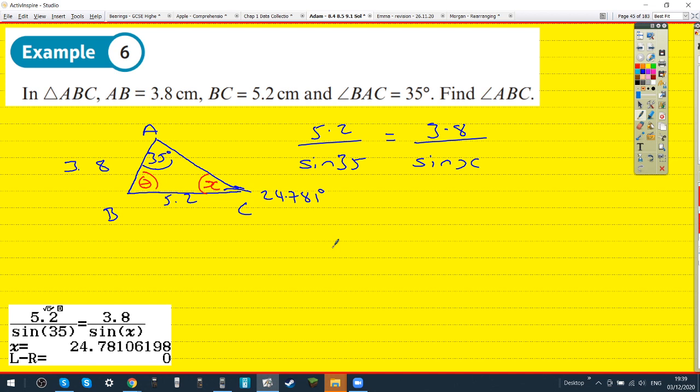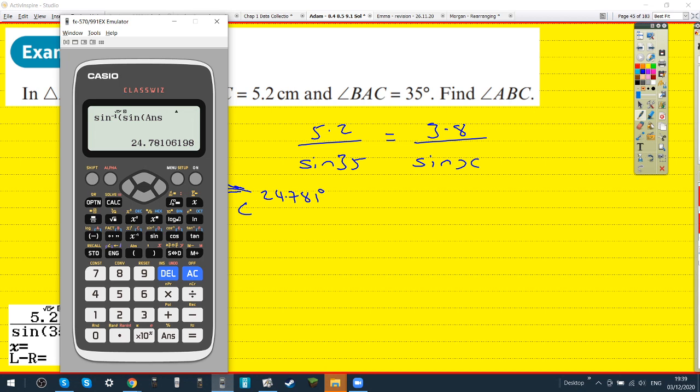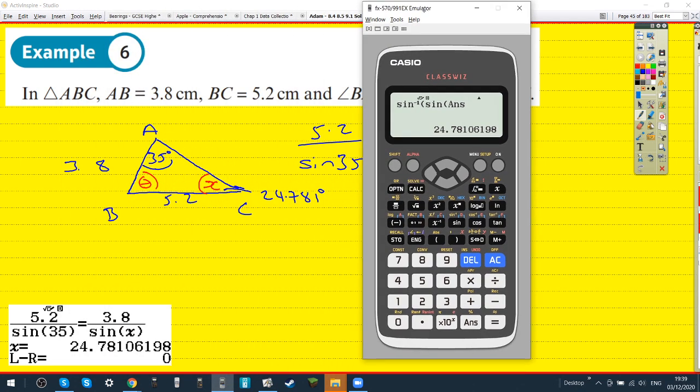My mistake, sorry, you don't need sine rule. What do angles in a triangle add up to? 180. Uh-huh. So do you need 24.781 still rounded to 3 decimal places?